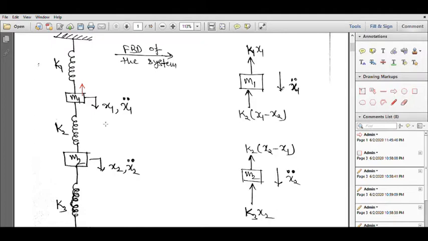Now, because right now we are considering the mass m1, we know the restoring force generated in the spring K2 will also be in upward direction because the mass m1 is moving in downward direction. So I'll draw the restoring force generated in the spring K2 in upward direction, for mass m1.